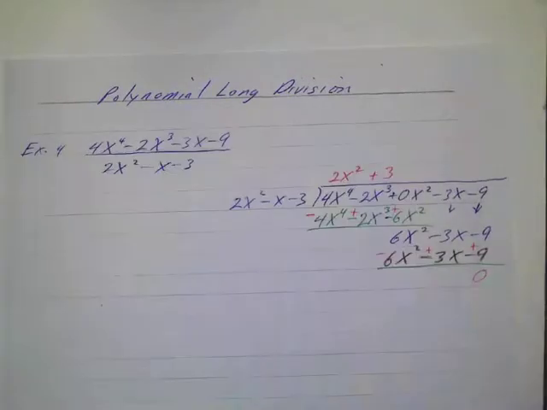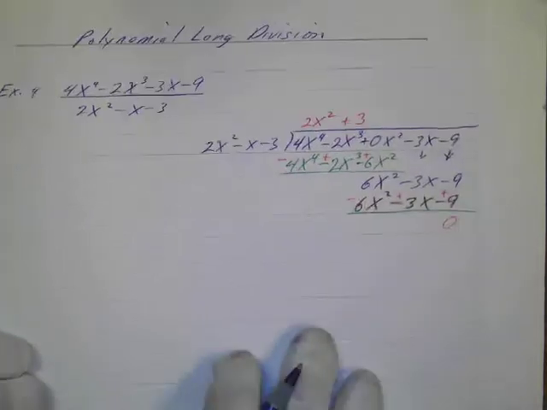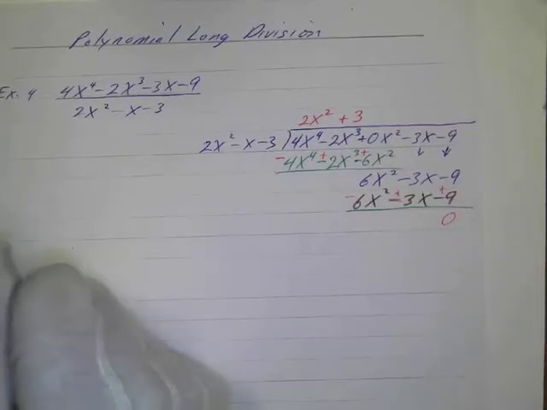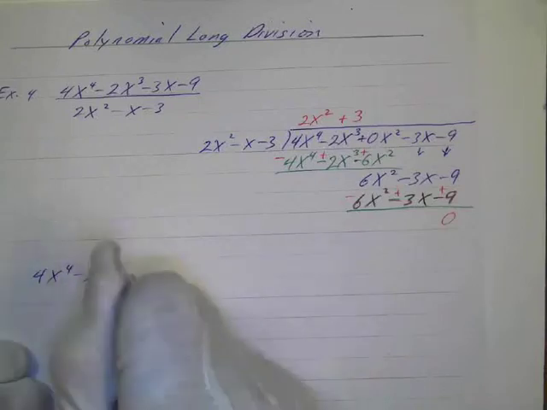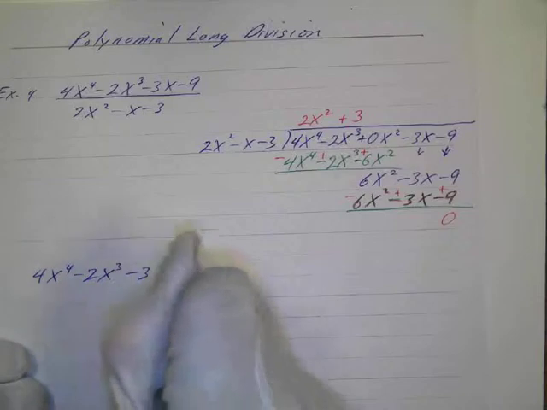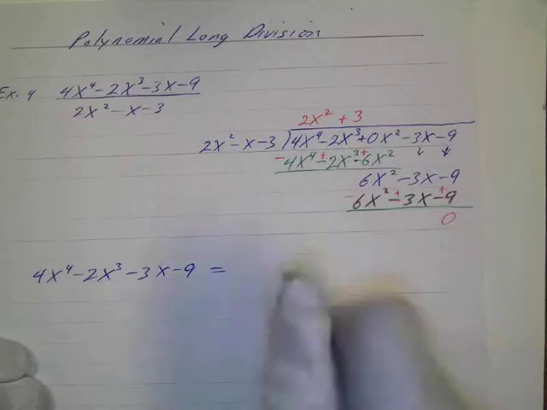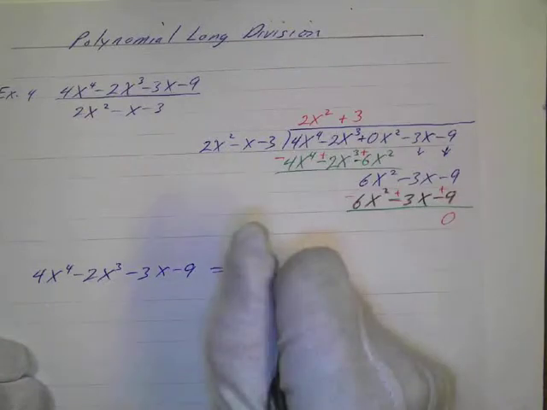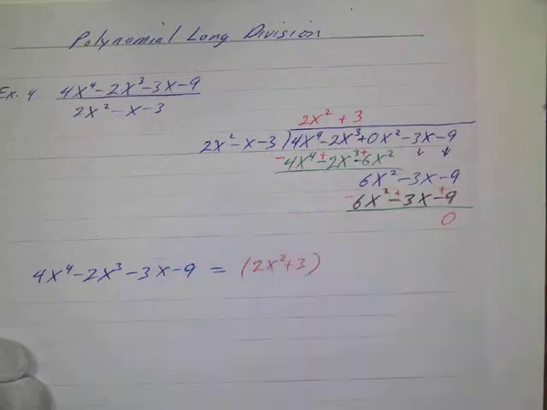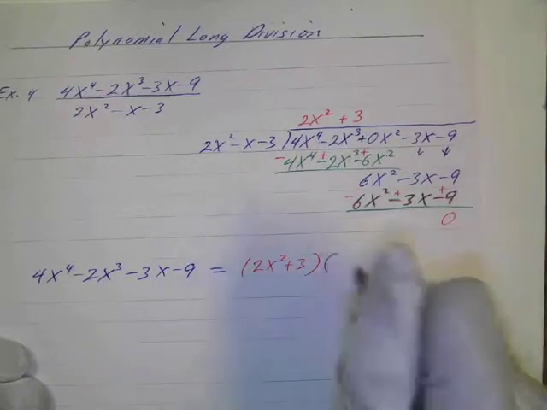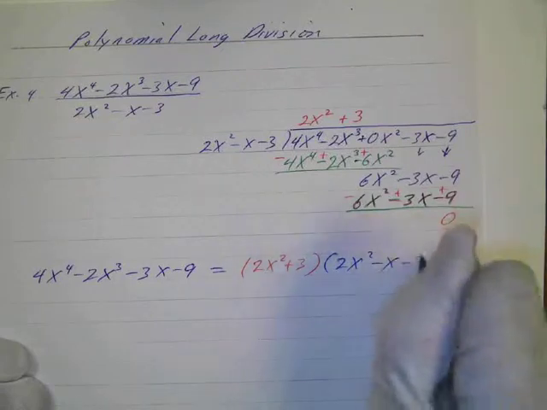So we could say the dividend, which is this, I'll write it down over here, 4x to the fourth minus 2x to the third minus 3x minus 9, that's my dividend, equals the quotient, which is the 2x squared plus 3 times the divisor, which is 2x squared minus x minus 3.